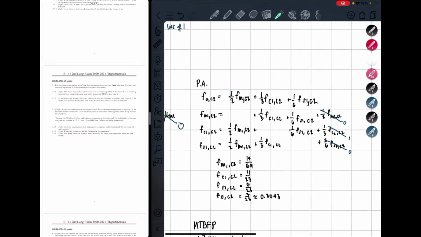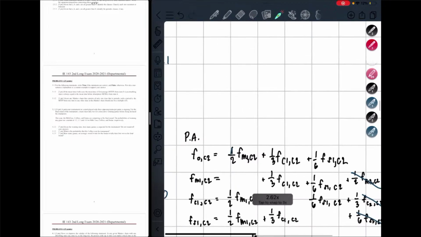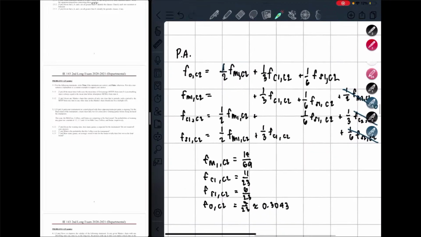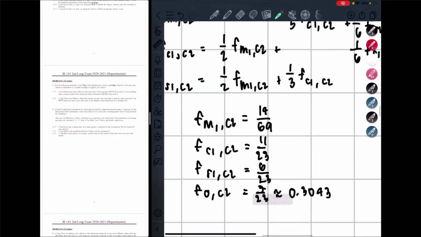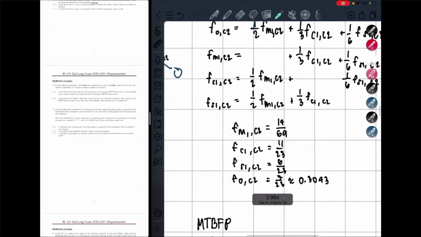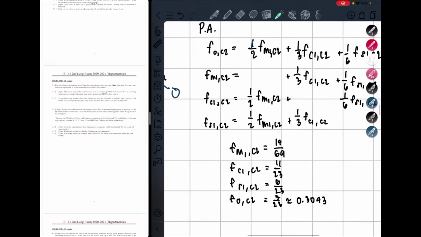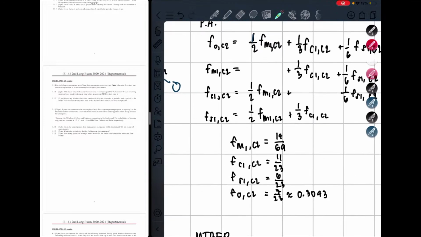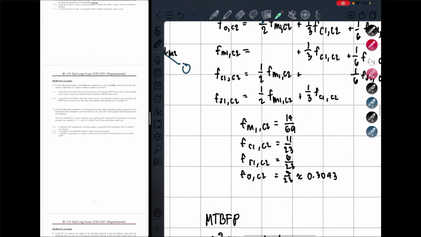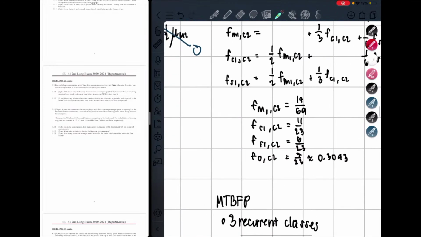So that's 0. Now you have 4 equations for 4 unknowns. Solve that on the calculator, and that gives you this number. So again, the one we're most interested in initially is F0 to C2, which is this. That's the probability that the coffees will win the tournament. Okay.